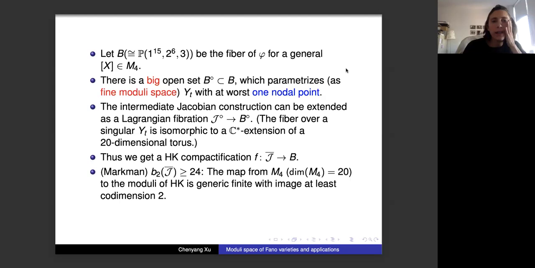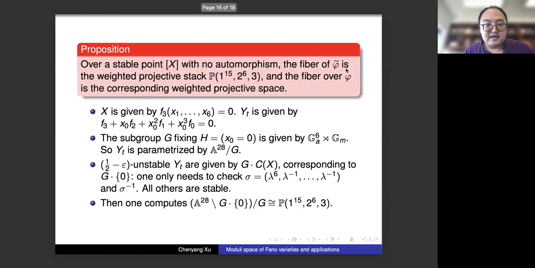Sorry, maybe can you say again why the locus where it's a fine moduli space is big? Yeah, because this construction we did here is actually completely on the moduli level, so it's actually a stack construction. So then basically we proved the fine moduli space which parameterizes the fourfold, the fivefold containing the fixed general fourfold, is actually just the stack of P1, this weighted projective stack.